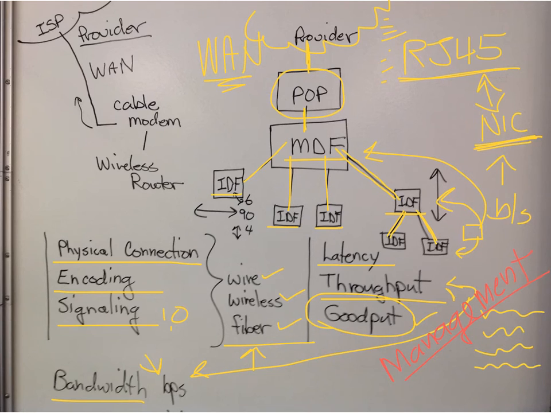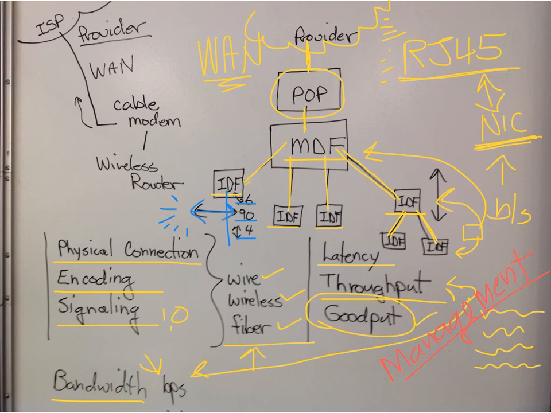And then when we talk about the physical cabling, let's say we're talking about Cat5 cabling, which can be 100 meters. Typically, your horizontal runs would be 90 meters. The cables connecting to the equipment would be 6 meters. And the cables connecting to the devices, 4 meters. And these are what we call horizontal runs. So in the IDF, you might have a switch that would connect to maybe 20 or 30 or 40 computers in that particular area.